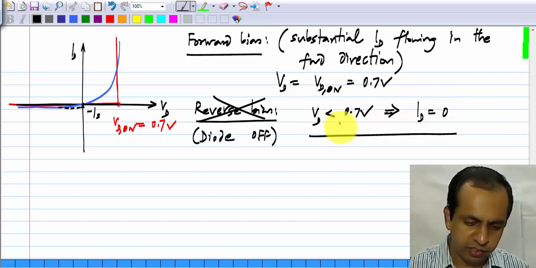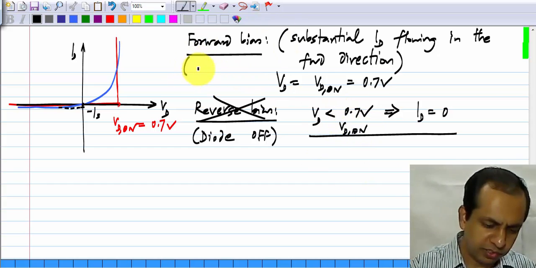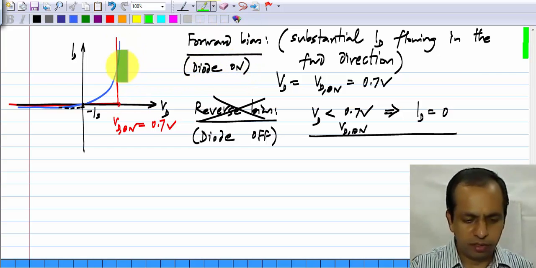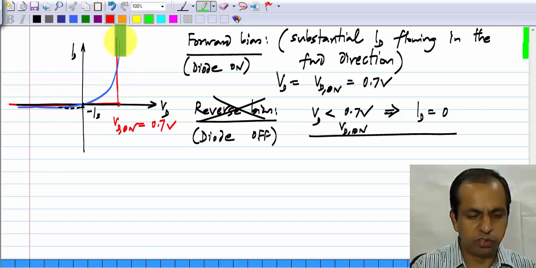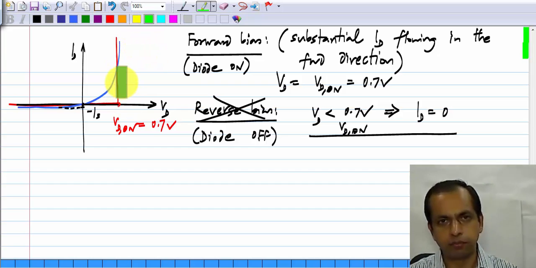If Vd is less than Vd on, the current will be 0. The forward bias is when the diode is on. So, it looks like some kind of a switch where it can go from off state where there is no current to on state where the voltage is constant and it can support any current.